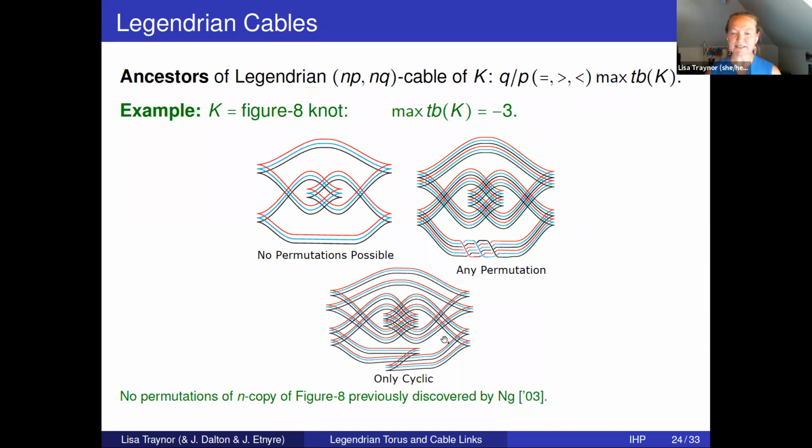The negative ones, less than max TB, again allow only cyclic permutations. In fact, the fact that there are no permutations of the n copy of the figure 8 was already known by Ng, but a lot of these results are crystallizing and pulling together many previously known results.